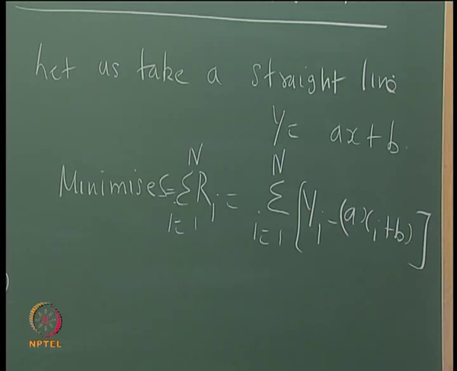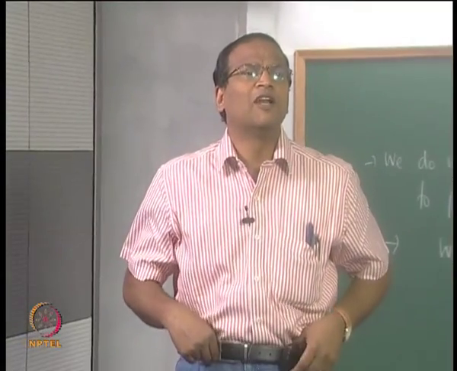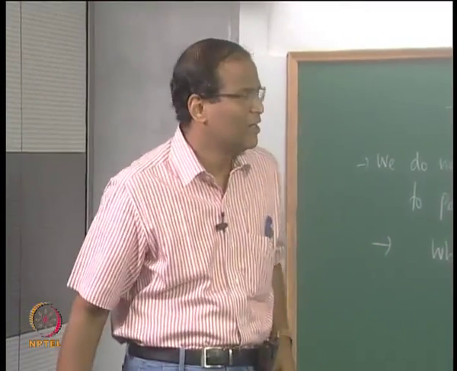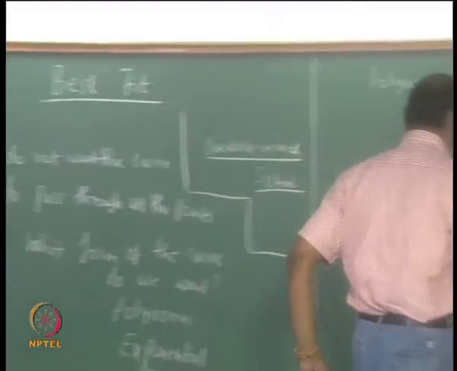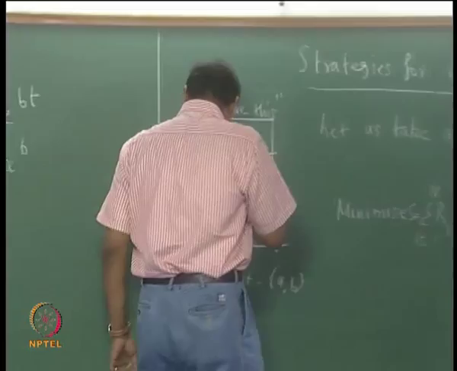I am not saying whether it is right or wrong. Many people will try to come up with the simplest possibility, right? Try to minimize the residue. Okay. So what is the problem with this? What is the problem with this?